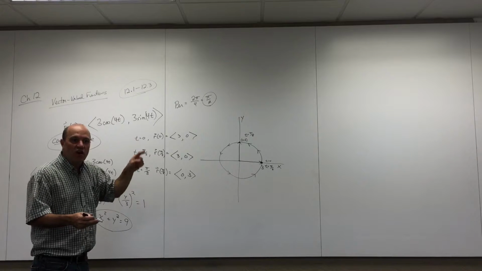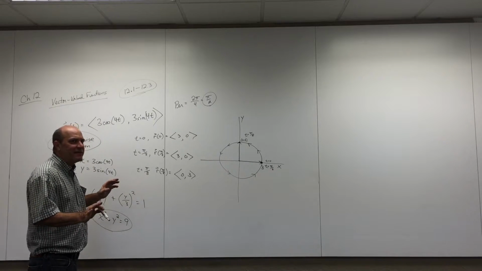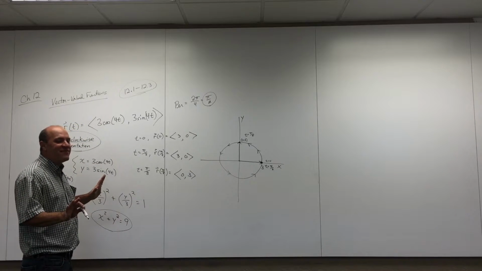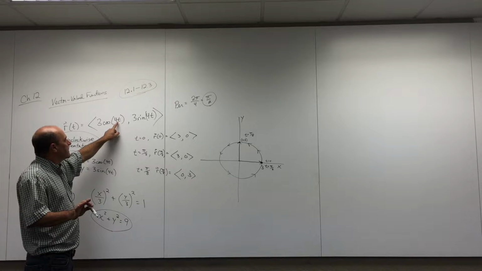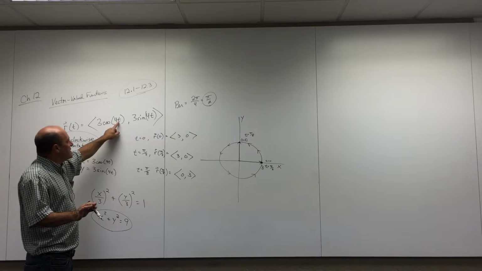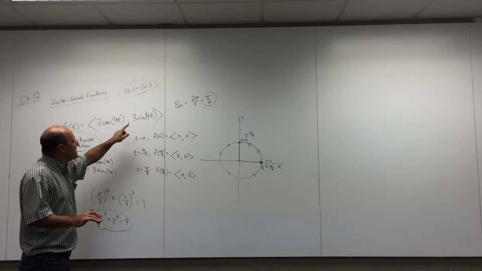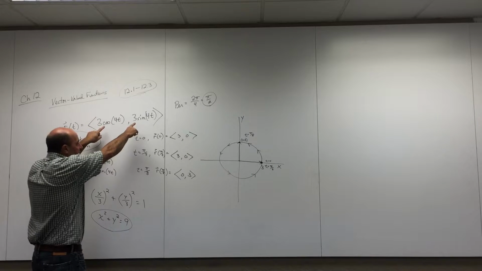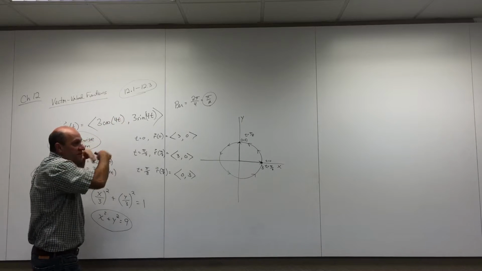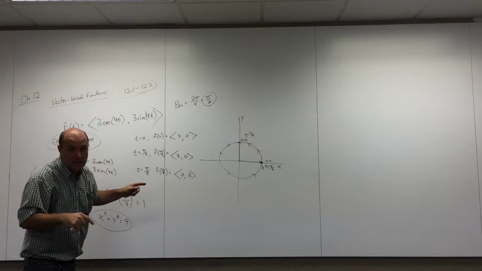I'm not sure if that's true for all cases. Replacing the t's with a negative t would negate one of these. So leaving these in the same position and negating one of them is another way of making it go clockwise.